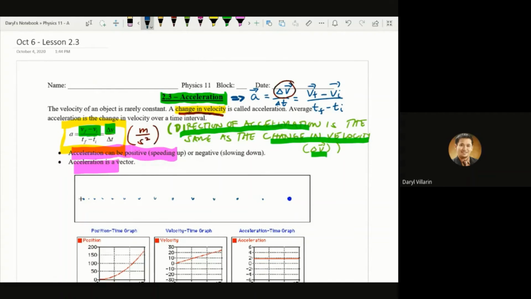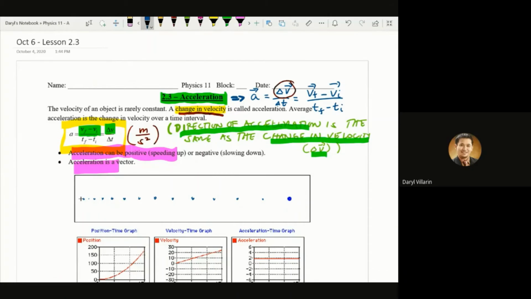Because if the velocity is constant, we have equal distances between the dots. In this particular motion of an object, it increases in distance against time.